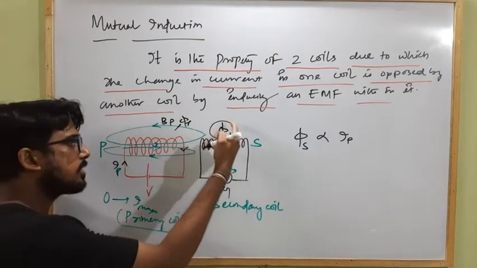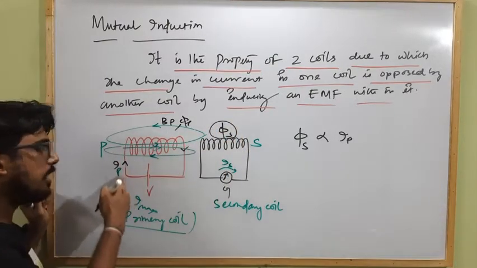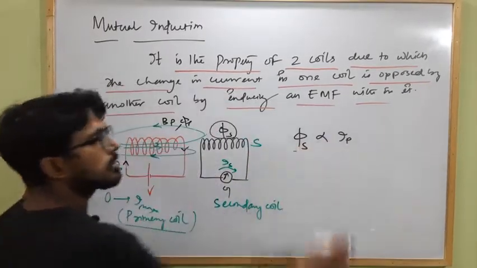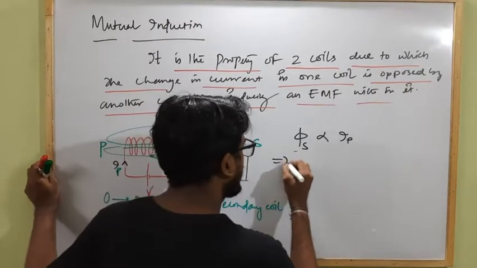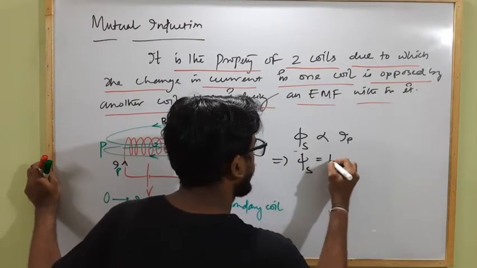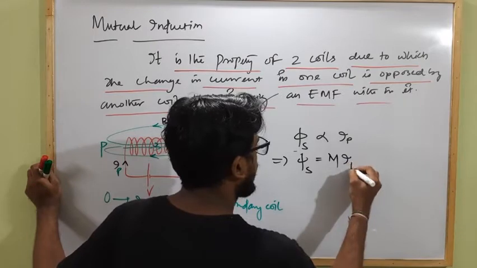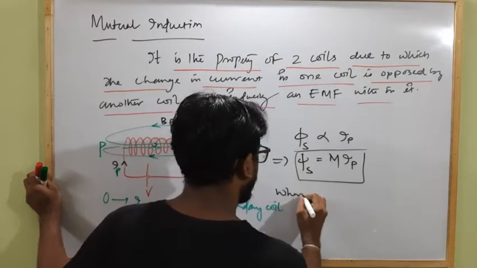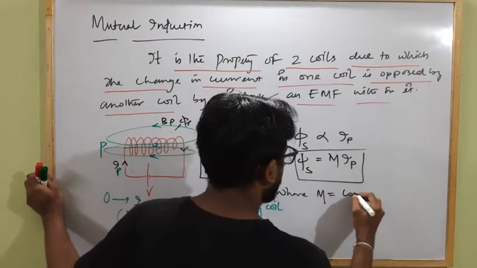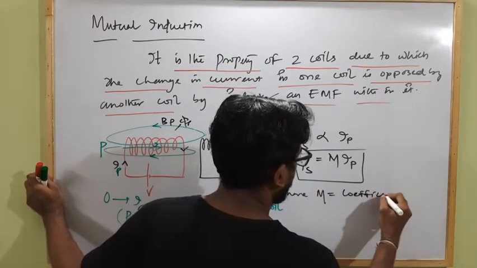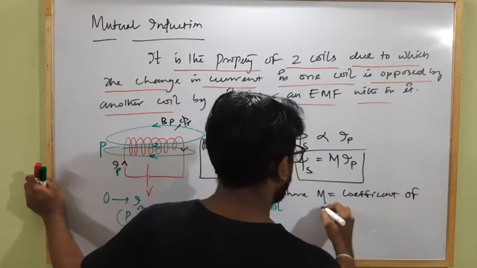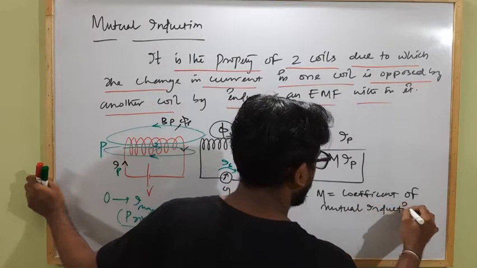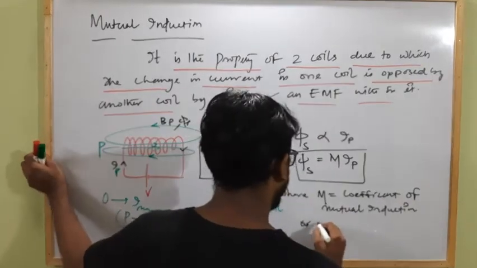So the flux linked with the secondary coil depends upon the current in the primary coil. That's why we can write that the flux linked with the secondary coil is directly proportional to the current in the primary coil, or this implies the flux linked with the secondary coil is equal to some constant of proportionality M into the current in the primary coil, where M is known as the coefficient of mutual induction, or mutual inductance.